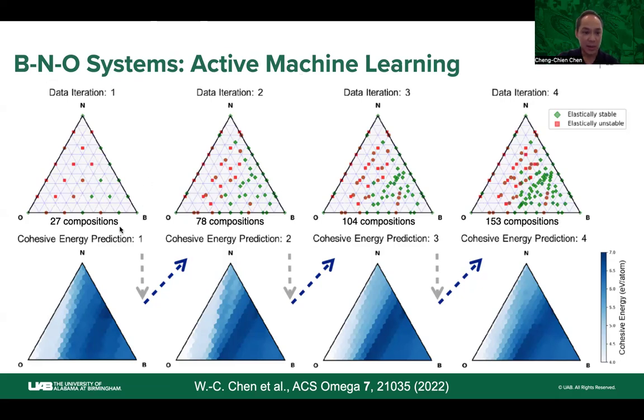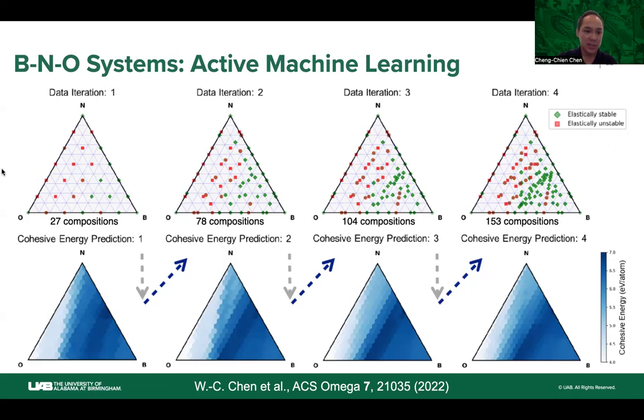This is an example on the top left on the ternary graph. The green and red dots indicate the compositions we consider for first principles calculations. The green ones are elastically stable structures, and the red ones are elastically unstable structures in evolutionary structure searches.